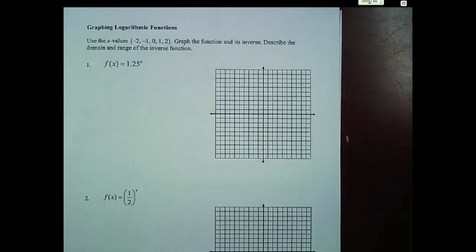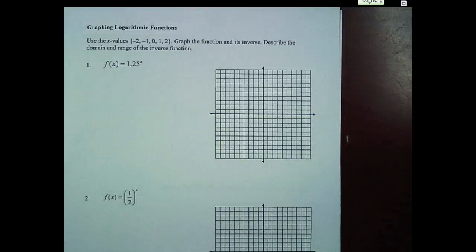Now, there's several ways to find an inverse. If it's exponential, you can turn it into a log. But graphically, if you get your x and y columns, what can I do to them? Just switch them. So let's build a column for the first function and switch the columns for the second and graph both.